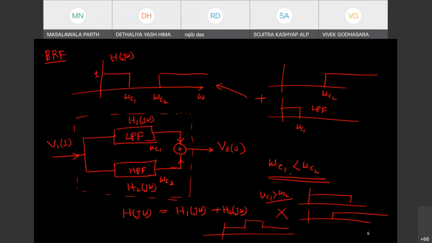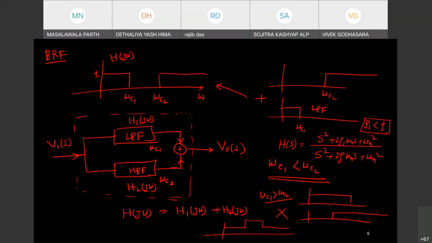And for the band reject filter, H of s, I can't discuss this right now, but I should mention the denominator is s squared plus 2 zeta omega n s plus omega n squared, because it will become second order. And the numerator you will get of this form, s squared plus 2 zeta 1 omega n s plus omega n squared, where zeta 1 is less than zeta.